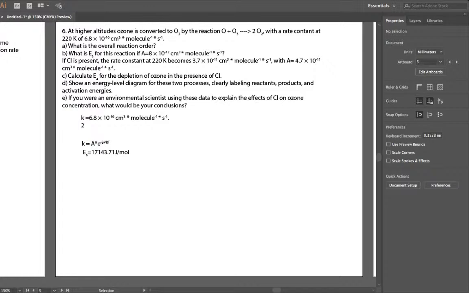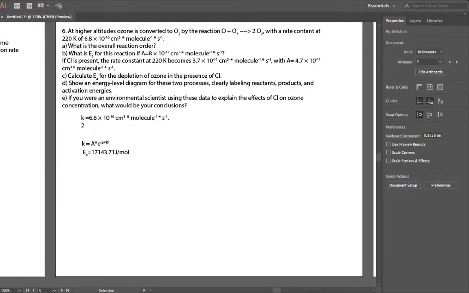Luckily I am using Desmos, which means that I can just change a little bit of the numbers, but at the bottom it should be the same. So I really recommend for you to use Desmos. That's 3.7 times 10 to the power, 4.7 times 10 to the power negative 11.